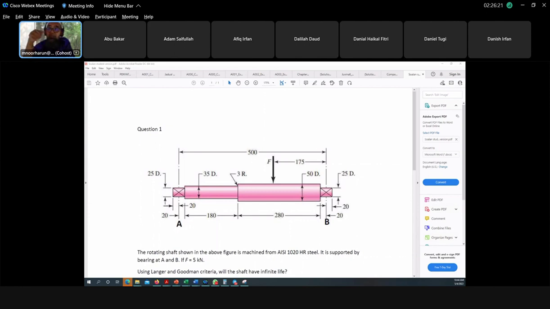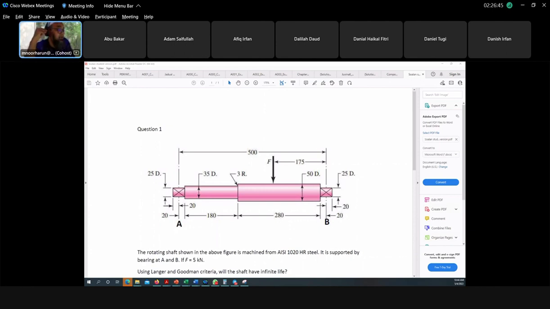Okay, we know that it's reverse bending, so just draw the graph for reverse bending. From that reverse bending, we need to identify the sigma A and sigma mean.